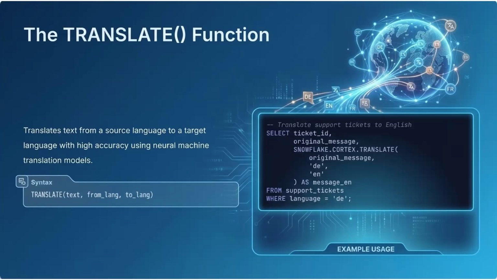Maybe the report the user wants to see, they don't want to see it in Chinese, they want to see it in English. It translates from language to language, and the target language and source language I can change according to what text you are passing.